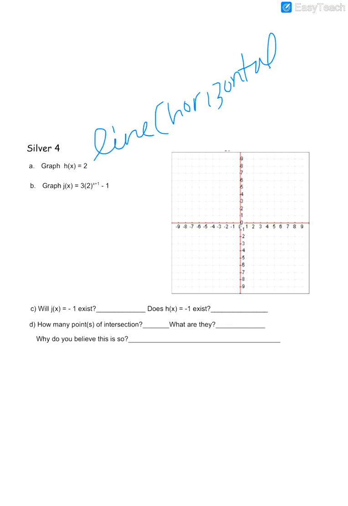So that's what my horizontal line looks like. So I'm going to go up here, make a little bunch of dots at 2, and draw a nice horizontal line and call it h of x. Again, yours is going to be much better. All right, so this is linear, we'll say.